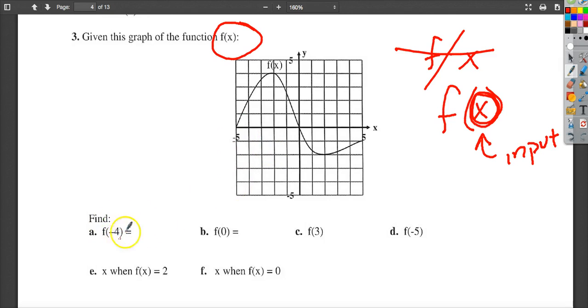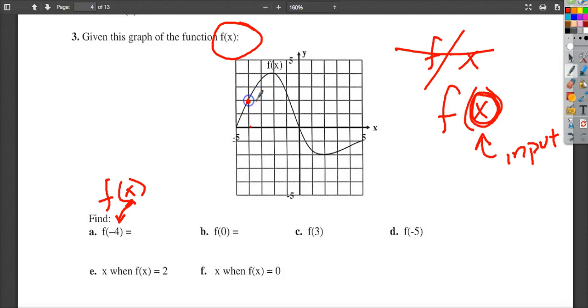Okay, f of negative 4. Since this is f of x, this is only saying x is negative 4. So I'm going to go 1, 2, 3, negative 4 is x. But I'm talking about the function at negative 4.